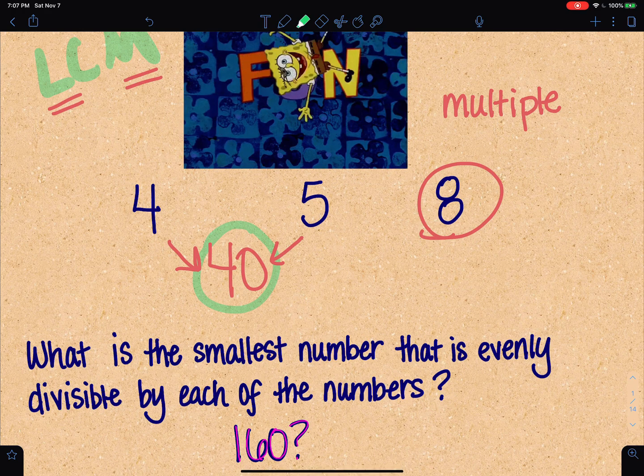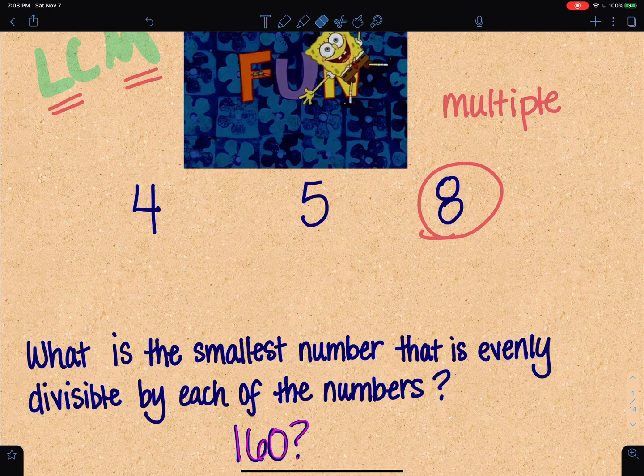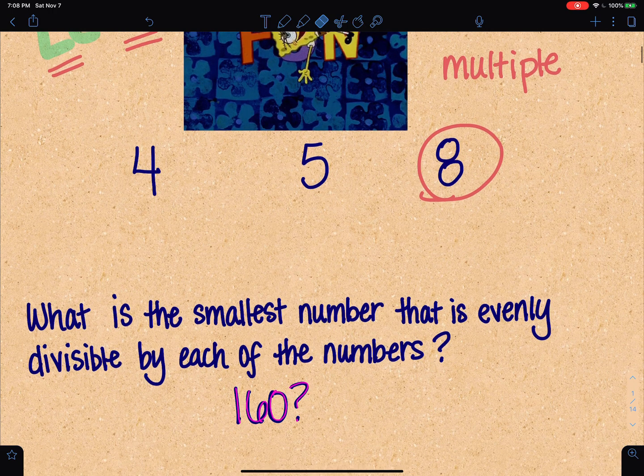But that takes a lot of time, and you can tell that if they start giving you humongous numbers like 31 or 157, that's going to take way too much time. So we need a process to make this easier to do.